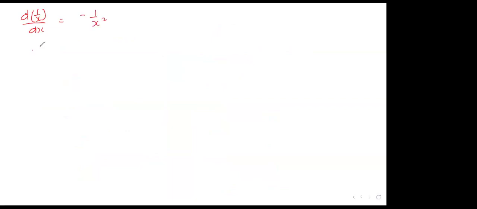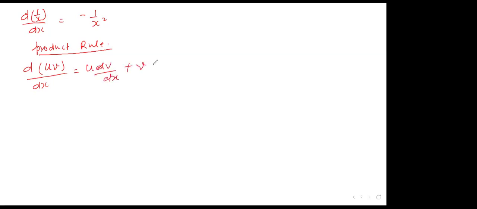Now, product rule. When two functions are in a product, suppose we have u and v two functions, then derivative of uv with respect to x will be u times dv by dx plus v times du by dx.